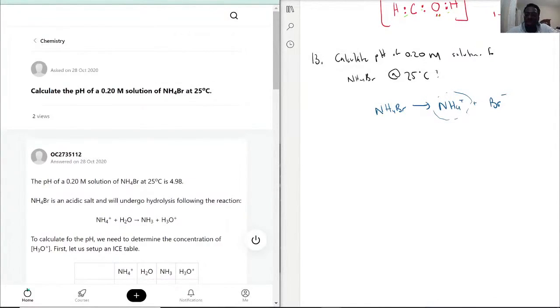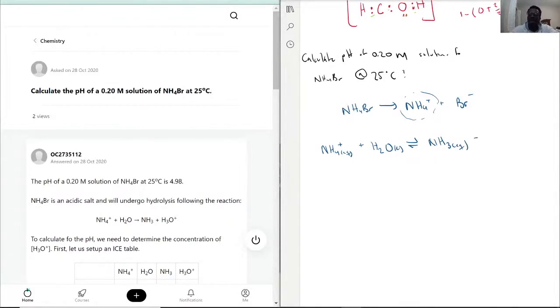So let's just go on to solve that. We have NH4 plus water, H2O, turning into NH4 plus, cannot forget the plus, NH3. So now it was deprotonated, it lost a proton, plus H3O plus, which was protonated.